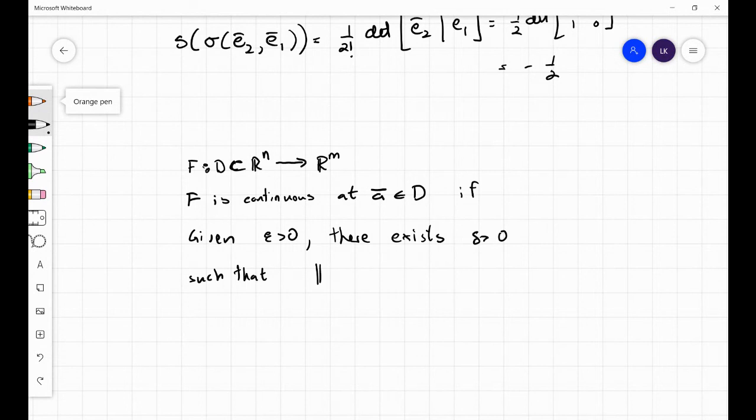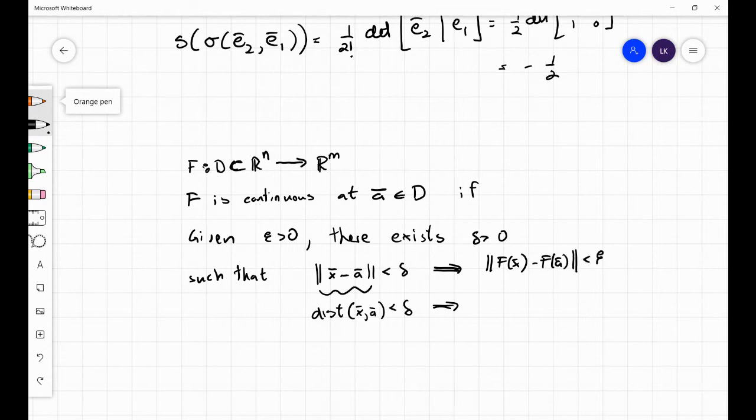So if a point x is close enough, and x is of course in the domain, so if the distance between point x and point A is small enough, then we know that the distance between the value of the function at x and the function at A is small enough.